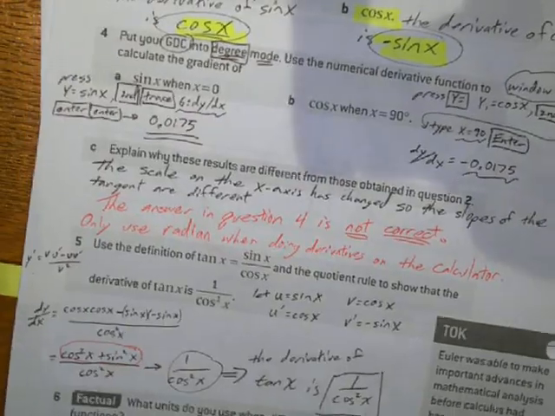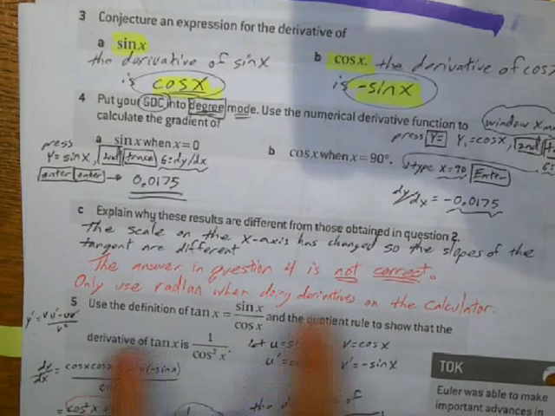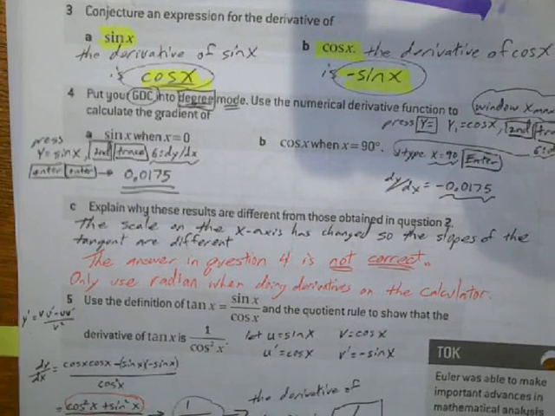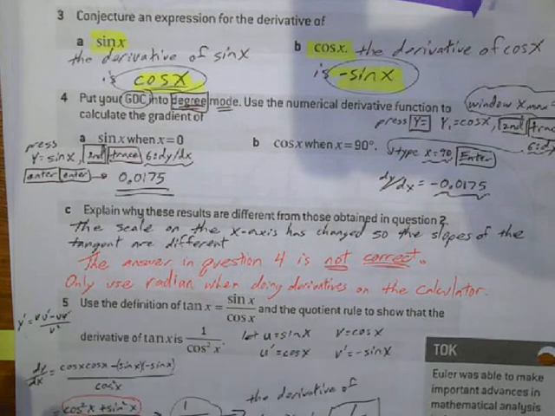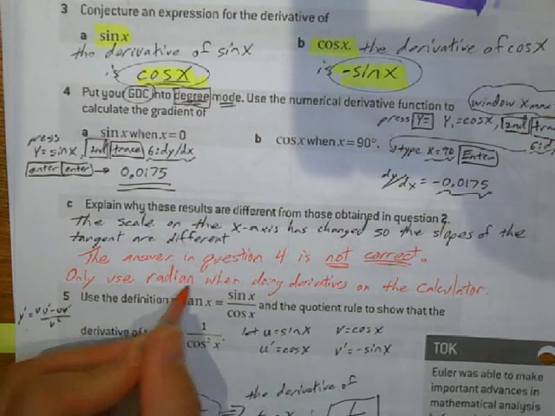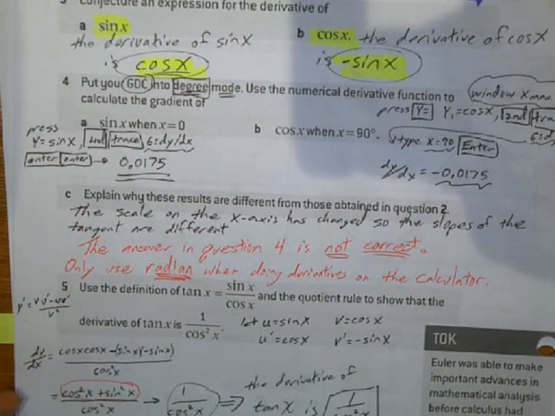Anyways, what we realized is the scale on the x-axis has changed, so the slope of the tangents are going to be different. So the calculator wants you to do it in radians. That's the important thing.